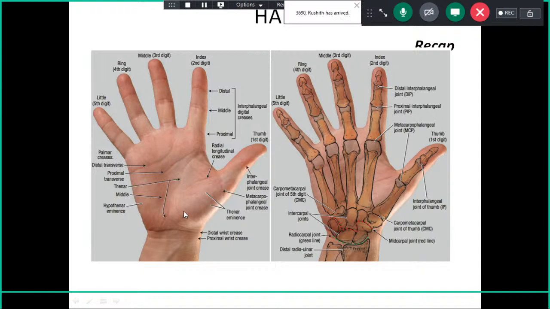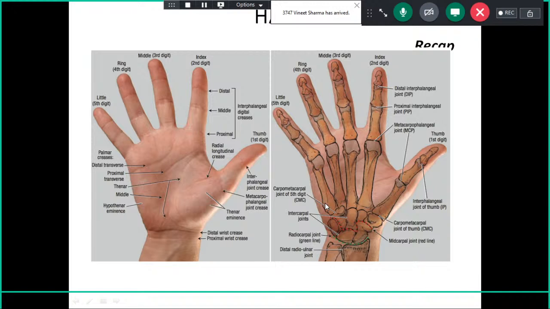Just a little revamp. You read about the skin creases, the eminences, the hypothenar eminence, the thenar eminence, and the creases corresponding to the distal, middle and proximal phalangeal joints, right?